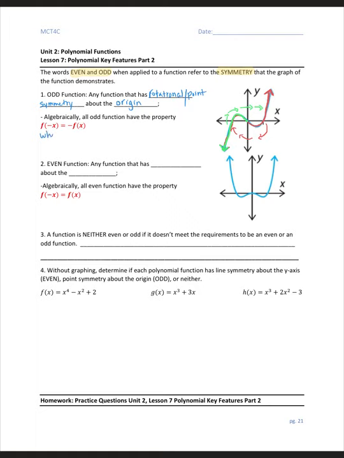What I mean by that is when substituting negative x into the original function, all the terms in the resulting function are the opposite sign from the original function.